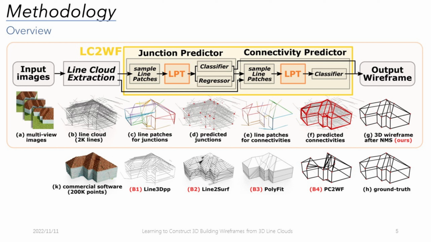The classifier can tell us if a junction exists in a line patch or if the connectivity exists between two line patches, as shown in D or F. And the regressor can predict the coordinate of the junction if it exists. After we get the output of these two predictors, we combine and post-process them to get the final wireframe model.